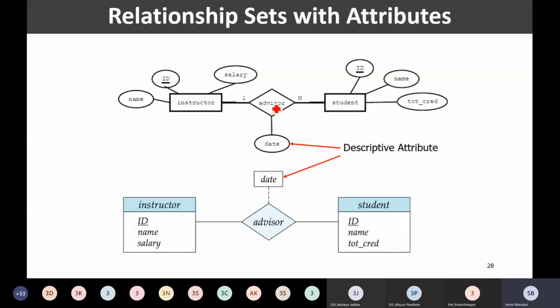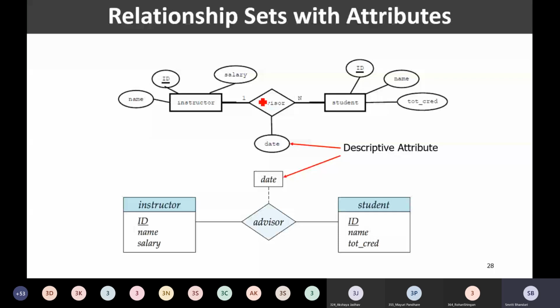Those are actually the primary keys of the participating entity sets, and they are not being shown here, because implicitly we say that these are the attributes of the relationship set.